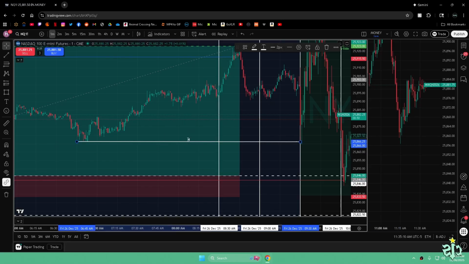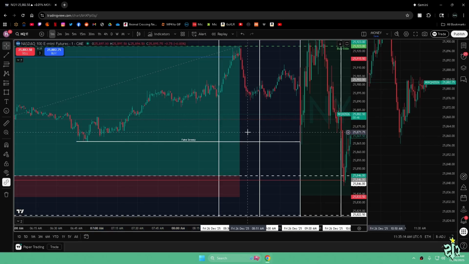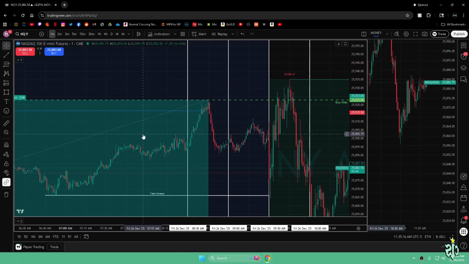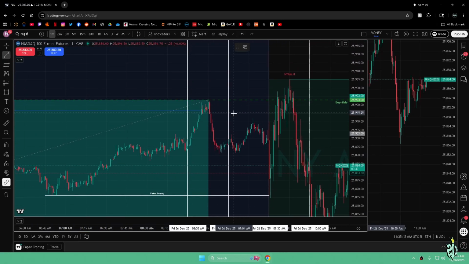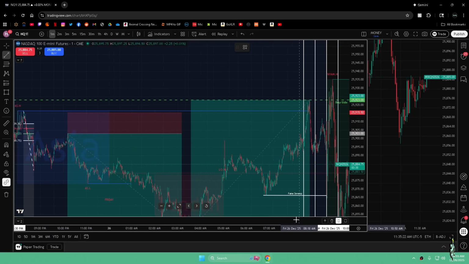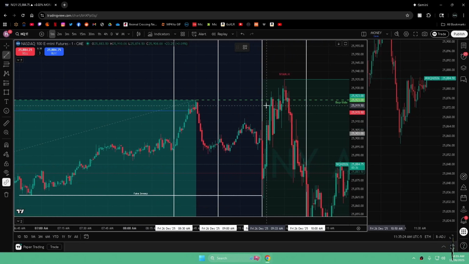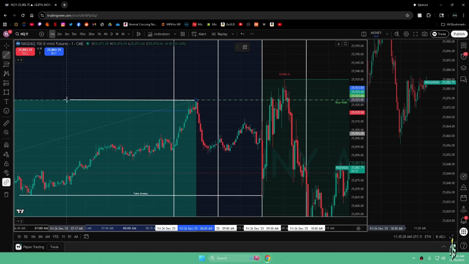So we have one fake sweep here. And then we have one fake sweep of this buy side. And then we have a real sweep. So right here, this is a fake sweep of buy side.